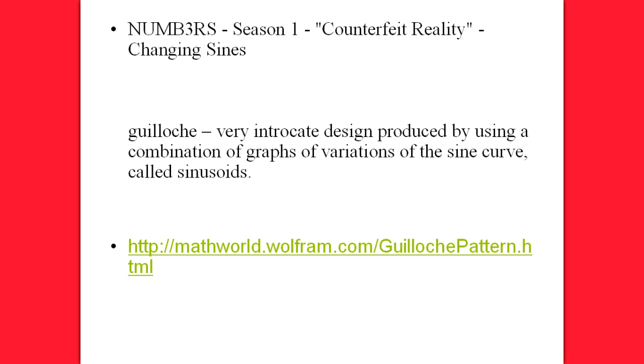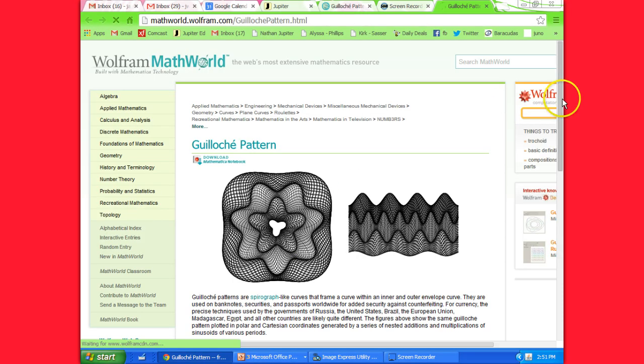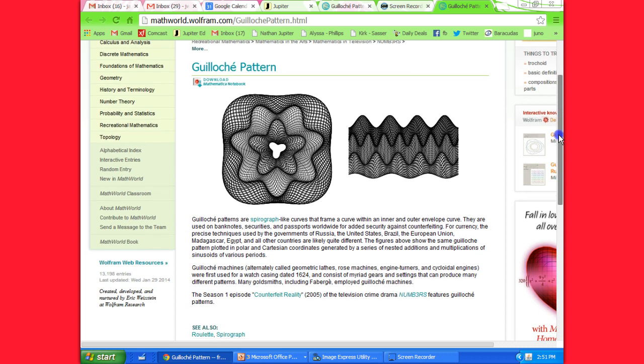Guilloché is very intricate designs produced by using a combination of graphs of variations of the sine curve. So here's an example. Let me jump over to this website for a second. Here's an example of some guilloché patterns, and this second one here is very much like what you would see on currency. So if you're looking at that, you can easily see in here, here's the sine curve, right?